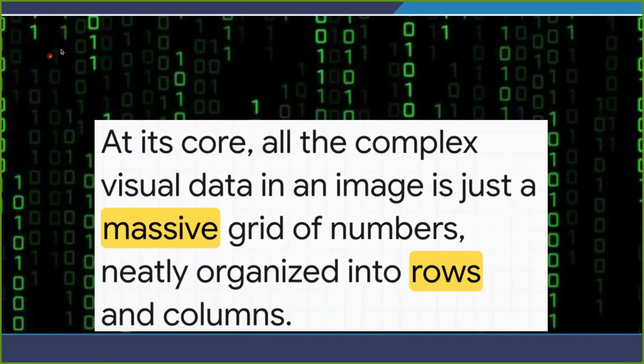This is like a 1001. You can think of it as matrices working behind the screen that tell it what it has to show. So at its core, all the complex visual data in the image is just a massive grid of numbers, neatly organized into rows and columns.